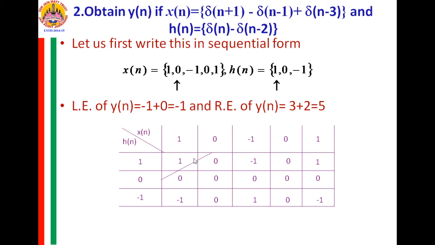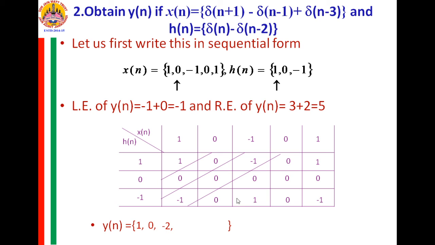So this is the first element that needs to be considered. This is the first sample of yn, that is 1. Then for the second sample we take these 2 diagonally, and observe that the addition is 0. Then we take the next diagonal. This is minus 1 and minus 1, which is minus 2.